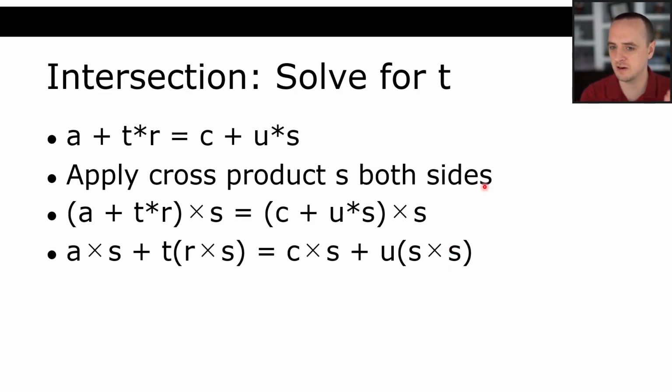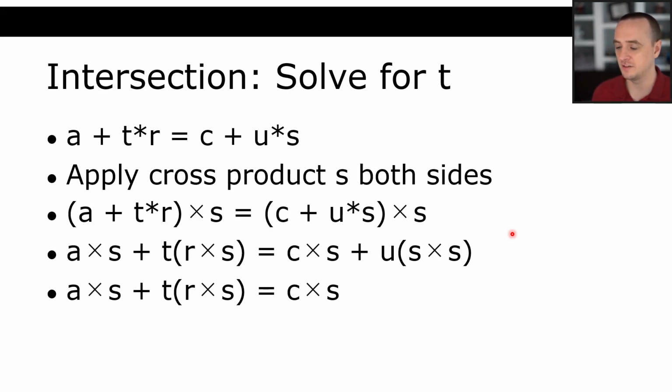What do we have here now? We have an S cross S over here. And if we remember, S cross S is 0. So this term disappears because anything times 0 is 0. And so we're able to eliminate the U from our calculation. So now we have this equation with one unknown, and now we can solve for it.